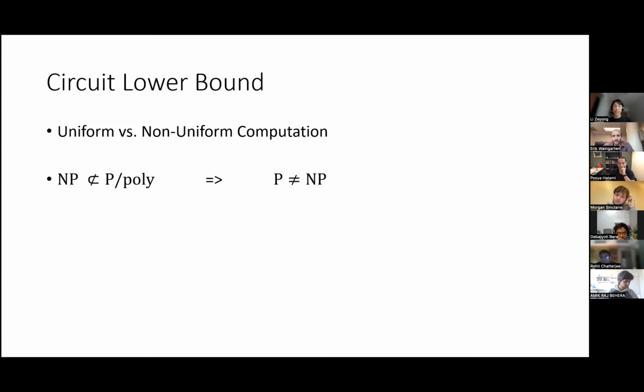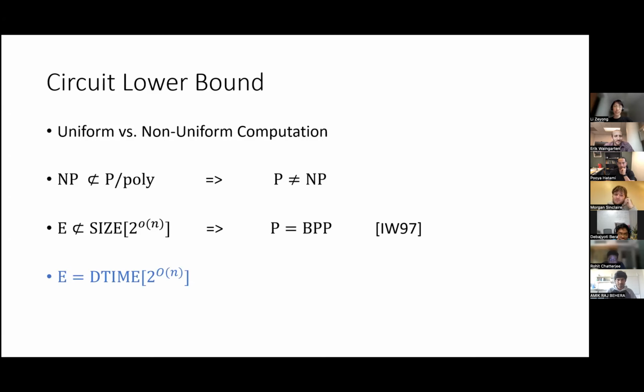And if we are slightly less ambitious, if we are able to show that E does not have circuits of size 2 to the small o of n, then we obtain derandomization. This is the well-known result by Impagliazzo and Wigderson. By the way, in case you haven't heard, Avi Wigderson just received the Turing Award a few hours ago.